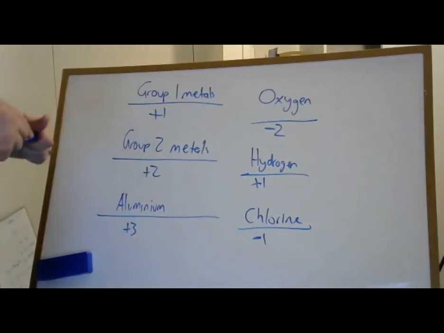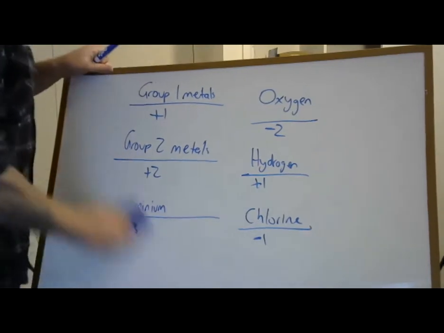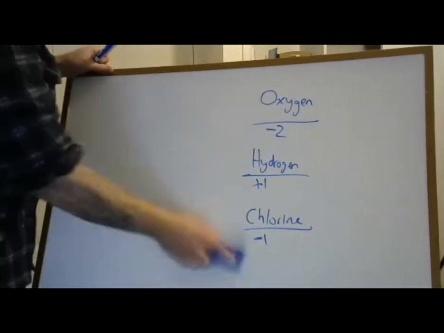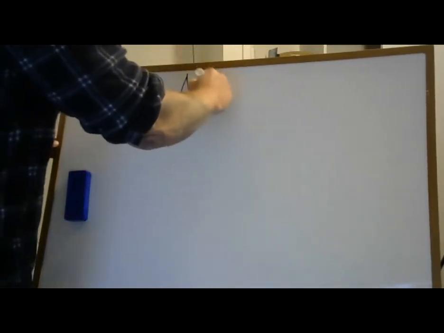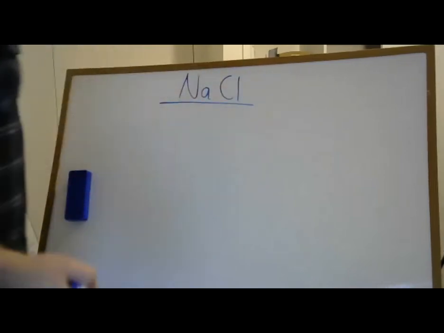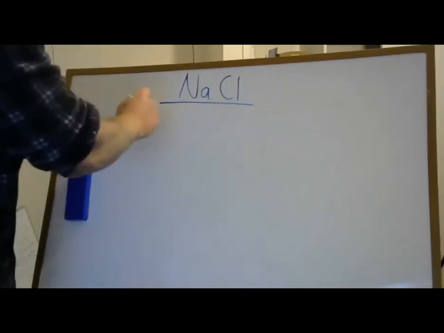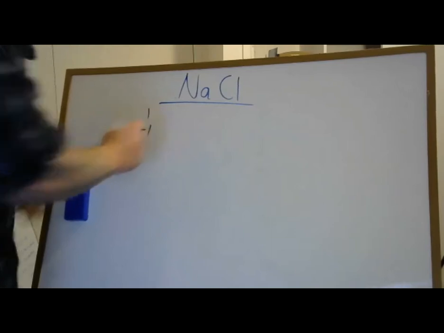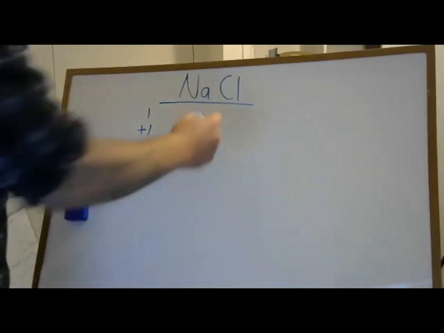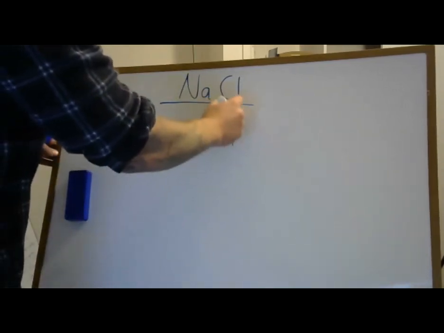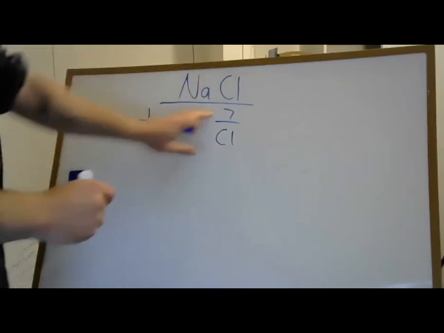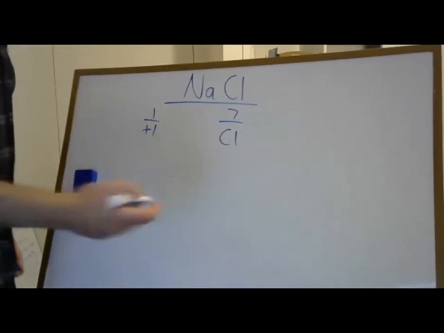So if we put that into practice, I'll use my favorite compound, sodium chloride. Sodium is in group 1. It will always donate 1 electron. Chlorine is in group 7. It has room and will always accept 1 electron.